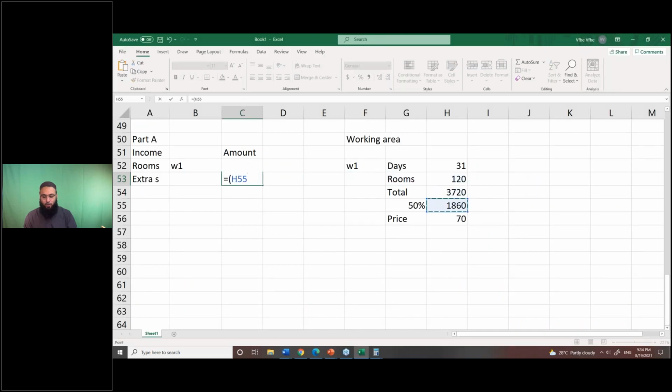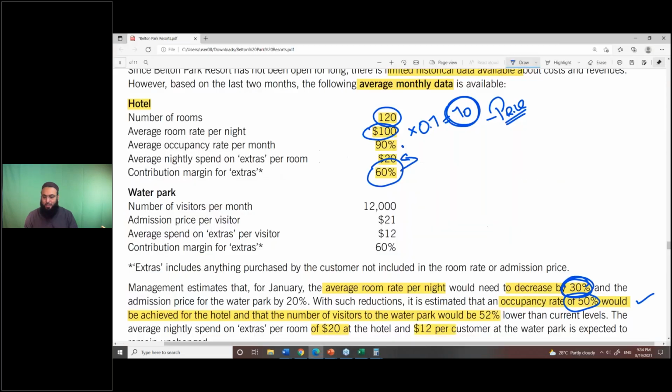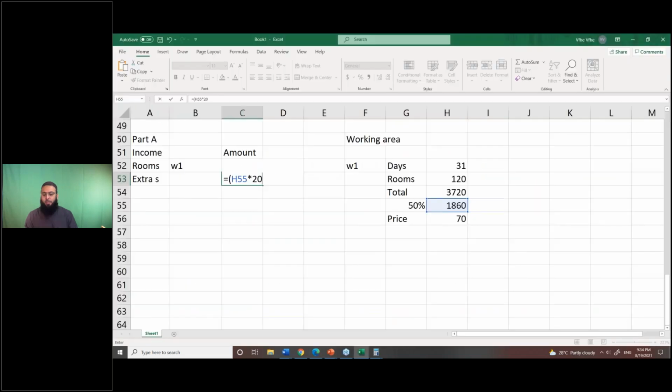1860 is basically the capacity that you will use. 20 is the rate per room into 60% is the contribution. So 0.6. I'm using 60% because that's the contribution, and this gives me the answer of 22,320.